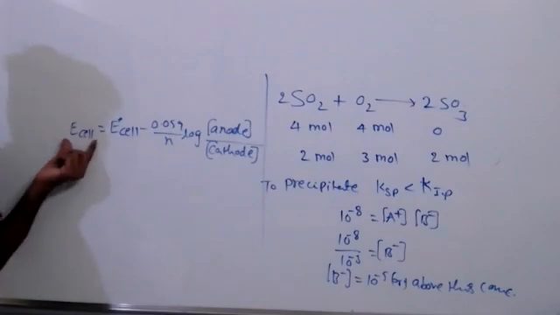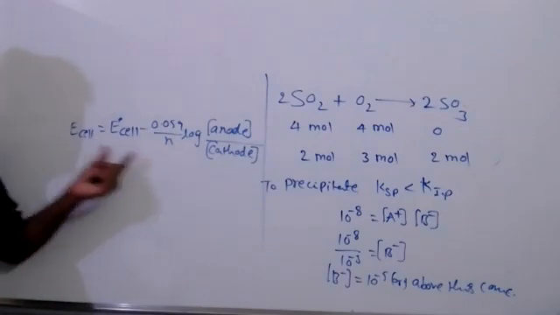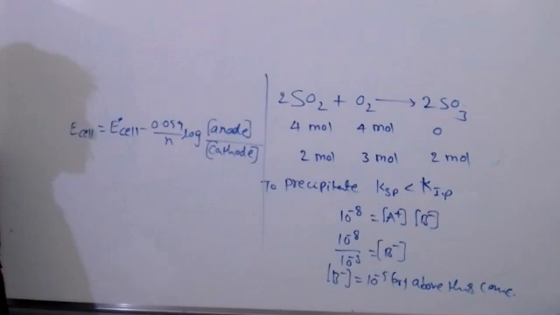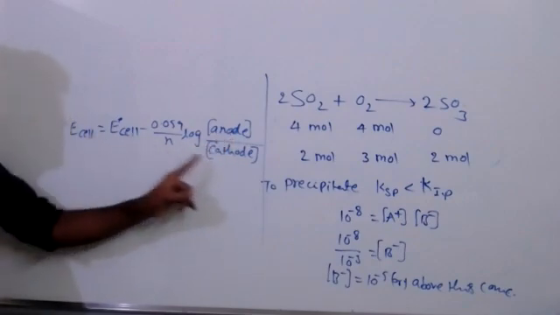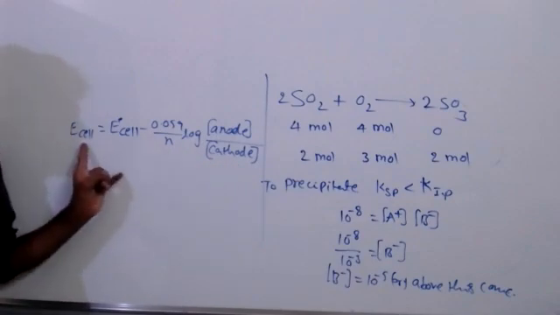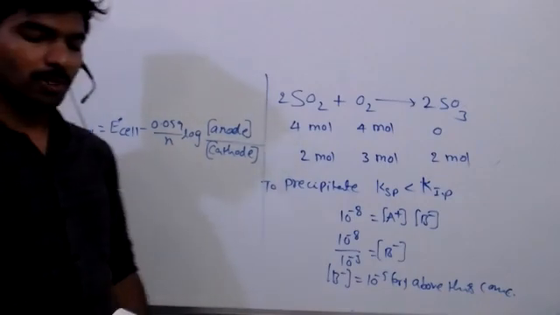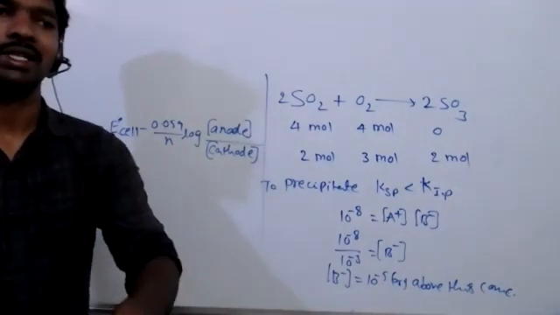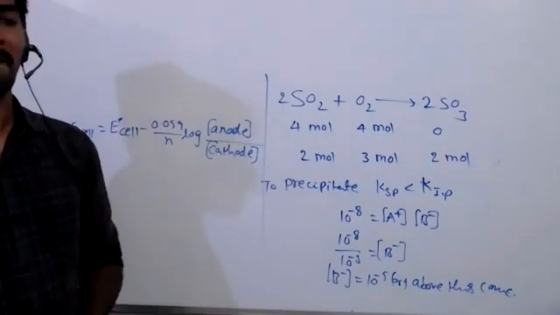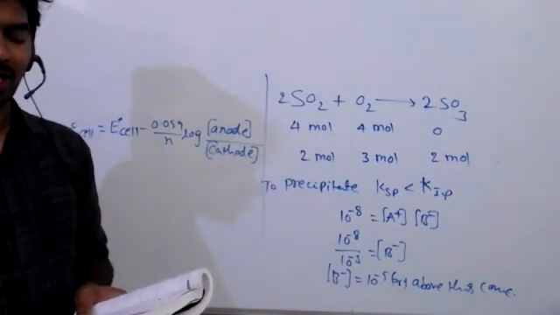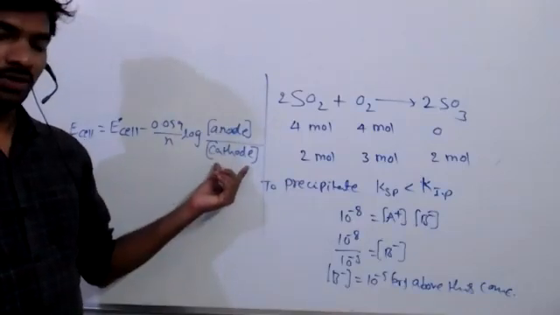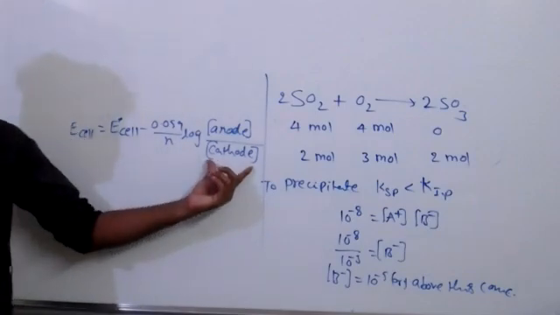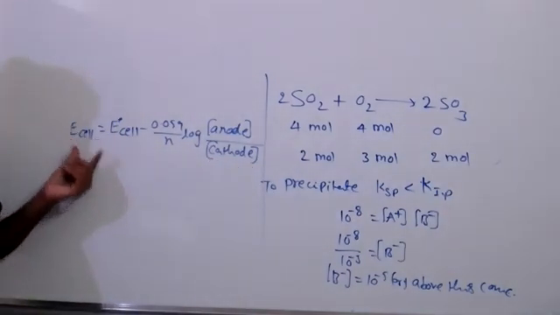How is it related to anode concentration and cathode concentration? If we increase the anode concentration, cell voltage decreases. If we increase the cathode concentration, cell voltage increases. In the given reaction, which one acts as the cathode? The species undergoing reduction acts as the cathode. Silver is undergoing reduction, so it acts as the cathode. So if the silver Ag plus concentration is more, you will get higher voltage.